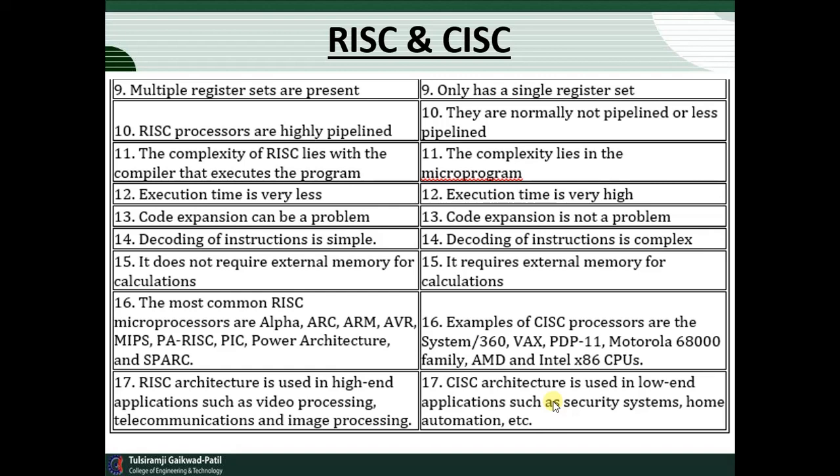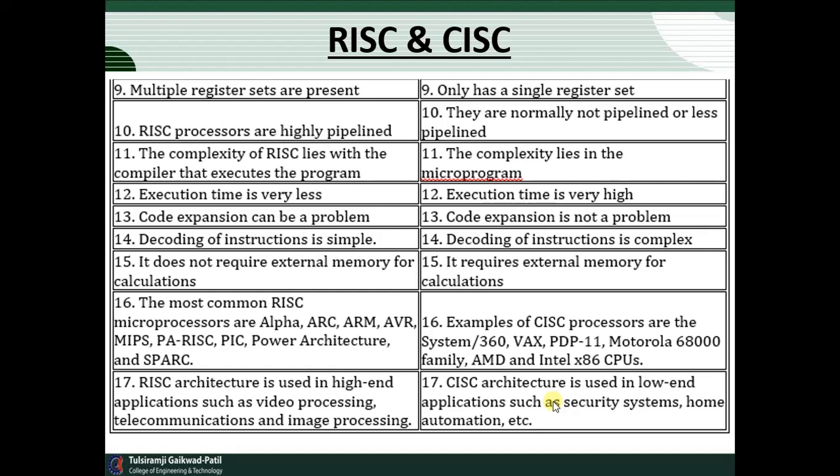Why does it take very little execution time in RISC types of instructions? Because RISC works on the pipeline concept, and we know that if we use the pipeline concept, we require minimum time.